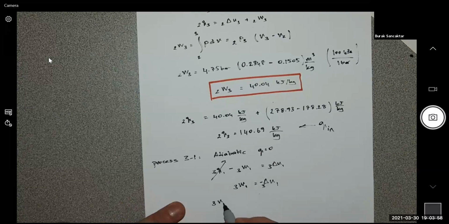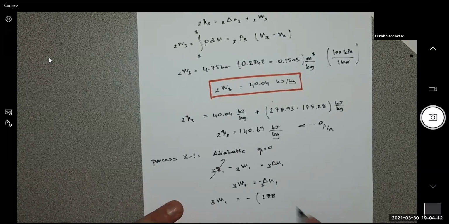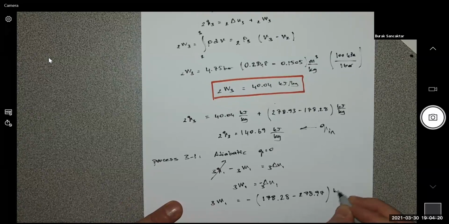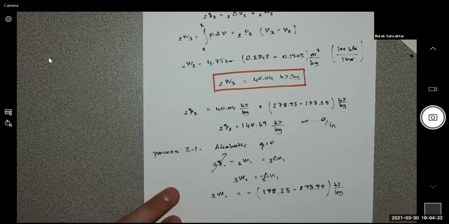Work from state 3 to state 1 equals minus U3 is 178. Sorry, U1 equals 178.28 minus 278.97 kilojoules per kilogram, right?